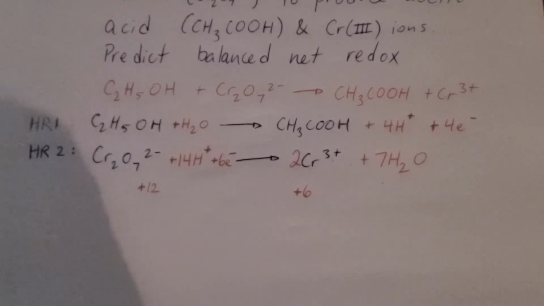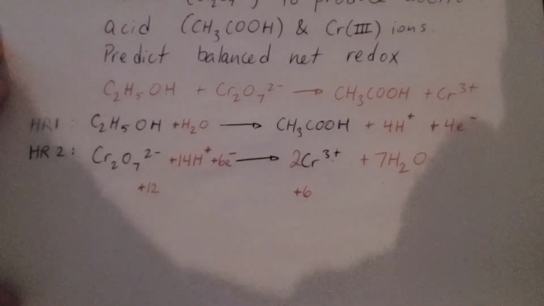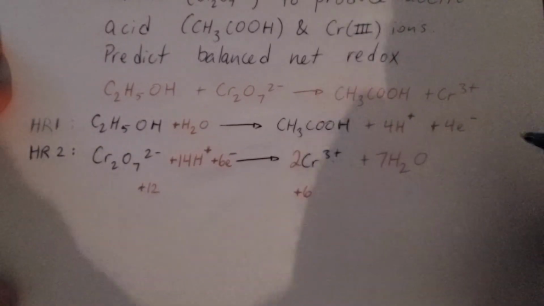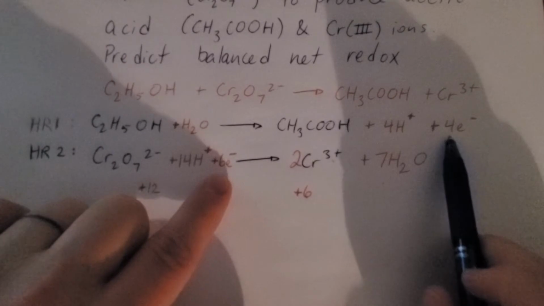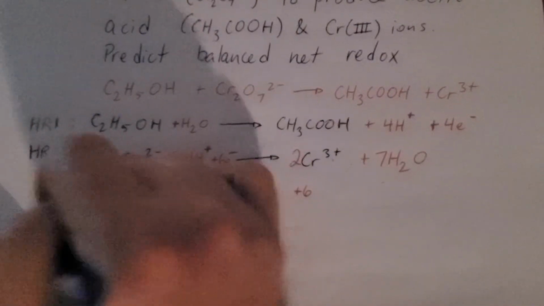Okay, so this has just been a bit of review so far because we've done this all before. And to finish the problem, you might have figured out anyway. What we have to do now is multiply the half reactions to balance the electrons, okay?